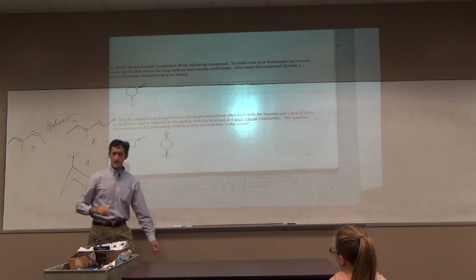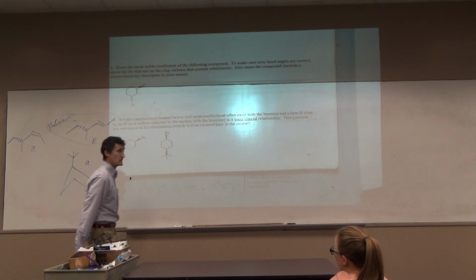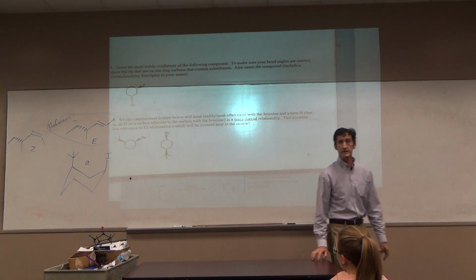Trans-diaxial could also be said as trans-coplanar. Trans-diaxial will be coplanar. Why did I ask that question back in August and September? Because I knew we'd be doing what we're doing today.